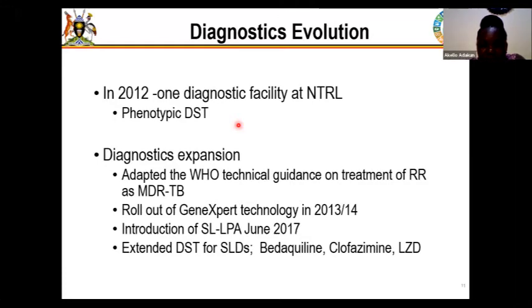This second-line LPA looks for resistance to fluoroquinolones, meaning before we initiate second-line treatment, we're able to detect whether this patient already has resistance before we start them on the second-line treatment. We also have capacity now at the NTRL to do extended DST. The DST is a drug susceptibility test, a test which looks for susceptibility, meaning does the drug kill the bacteria or not. And we do this for our drugs, bedaquiline, clofazimine, and linezolid.